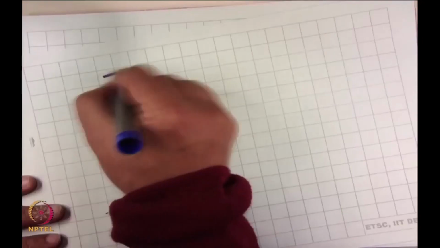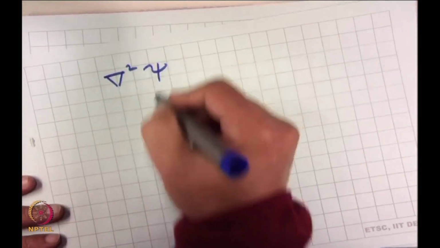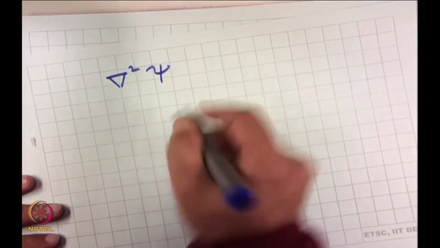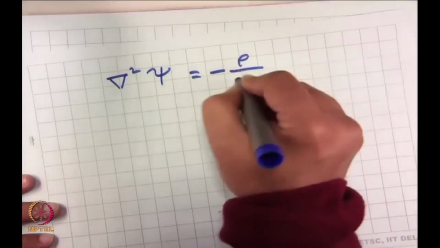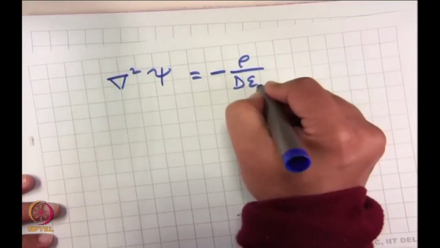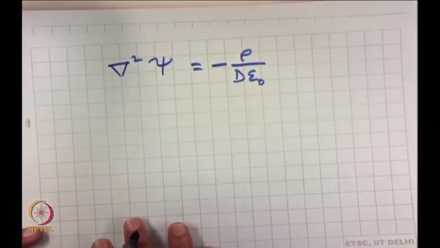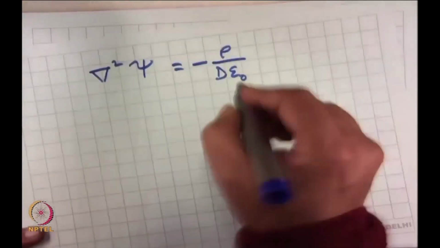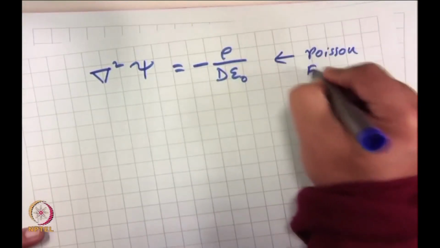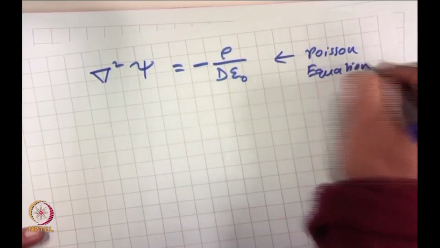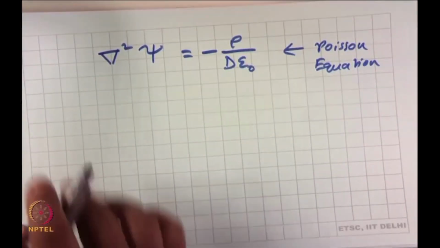The Poisson equation is: del square psi, where psi is the electrostatic potential, is equal to minus rho over D epsilon 0. This equation is known as the Poisson equation.